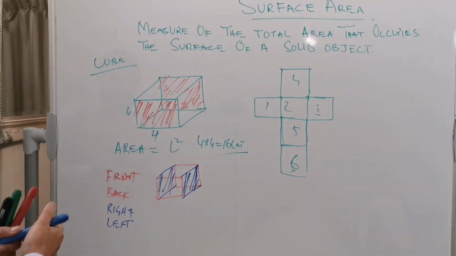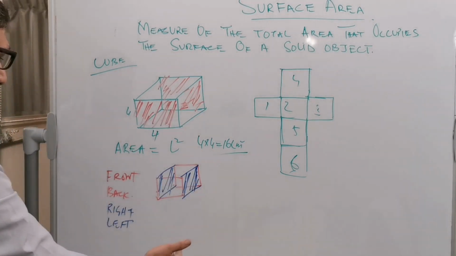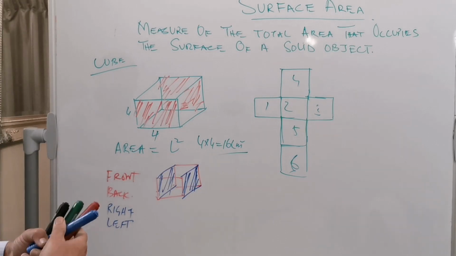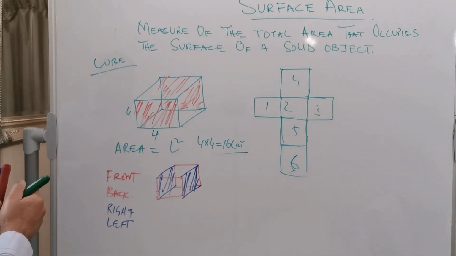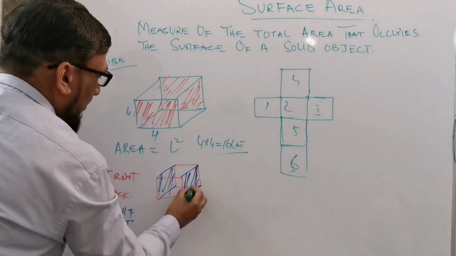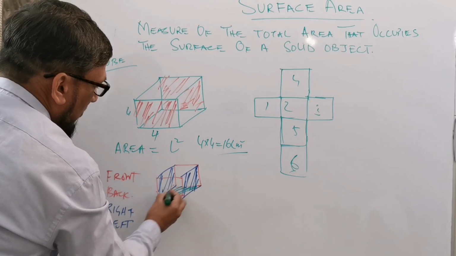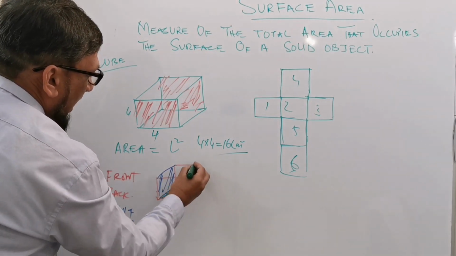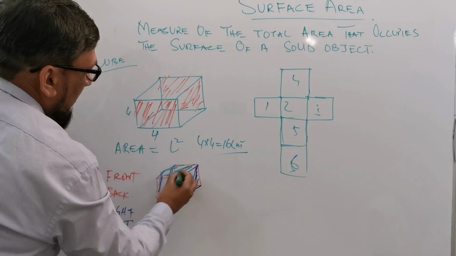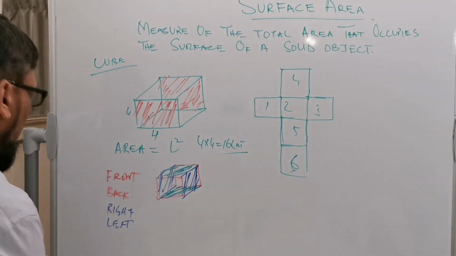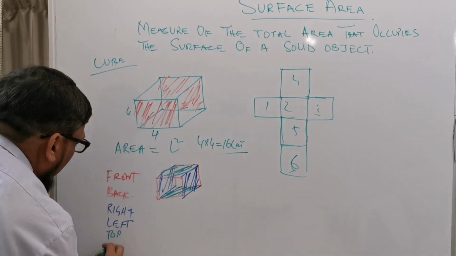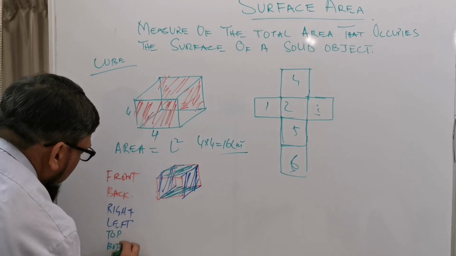So front, back, right, left. Which one is remaining? Just the top and the bottom. This is the bottom and this is the front. So this is called a cube.